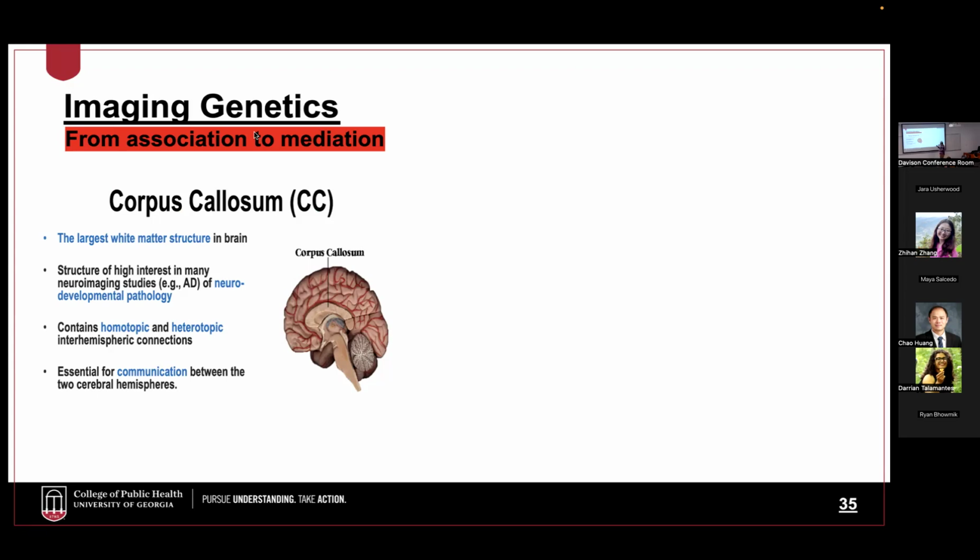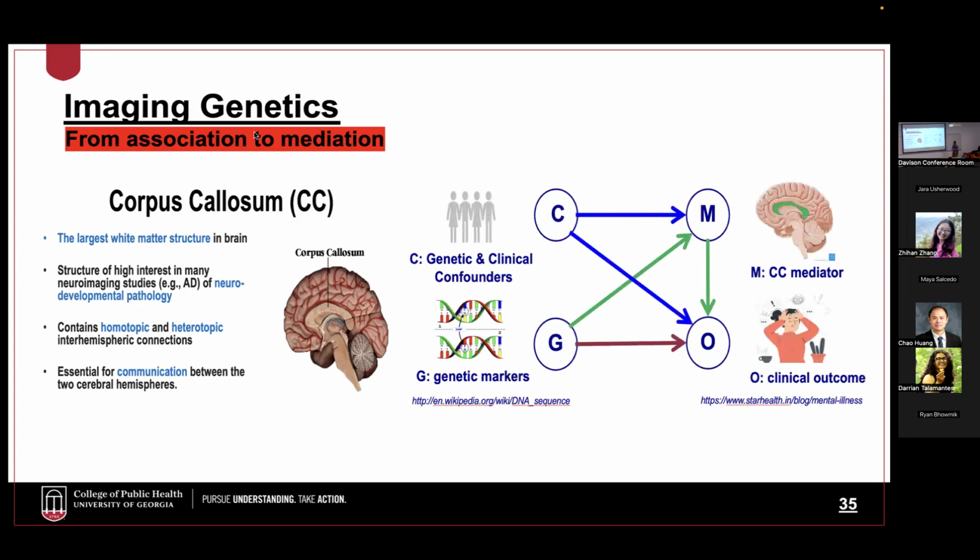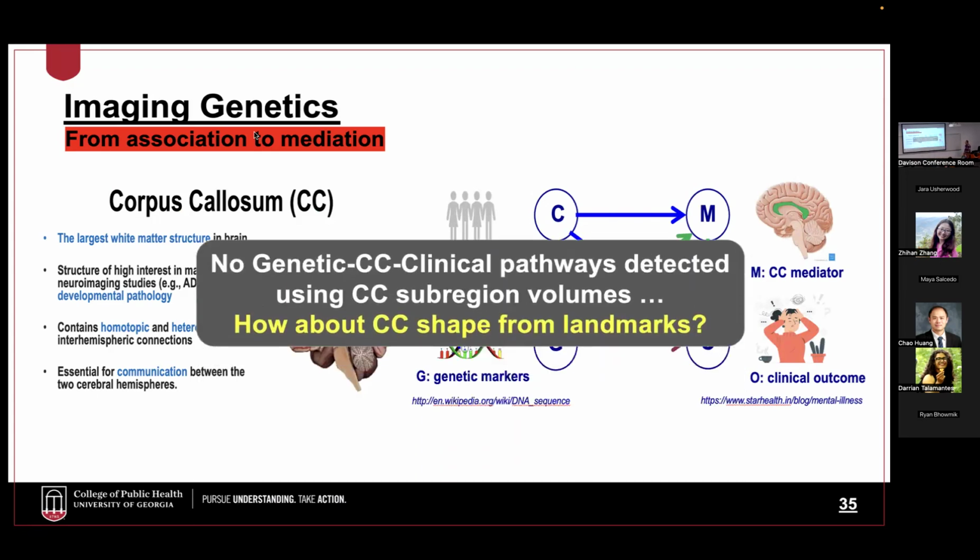But if we treat information from the corpus callosum, for example volumetric information from this region, as the mediators to conduct this mediation analysis, unfortunately we cannot identify any pathways from the genetic markers to the clinical outcomes through this CC area.